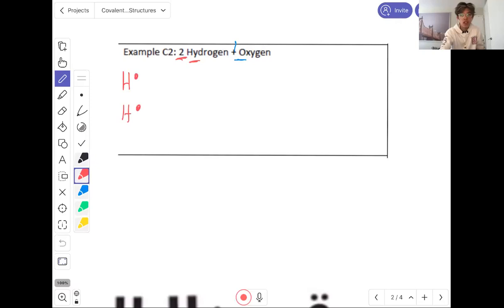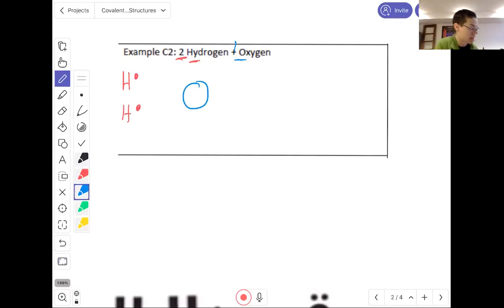Okay. And oxygen has how many dots? 6. Six. Oh, wow. It's got 8 total, but it's only got 6 electrons. Good job, Lily. Thank you. Okay, so 1, 2, 3, 4, 5, 6.